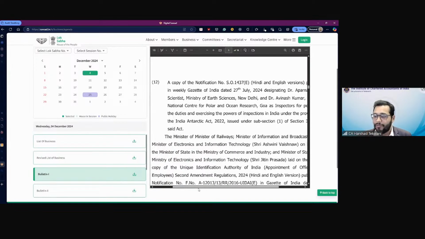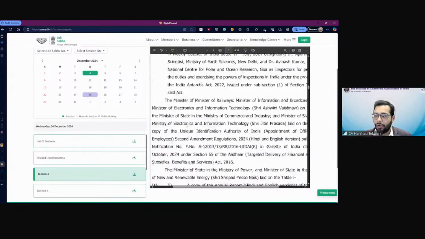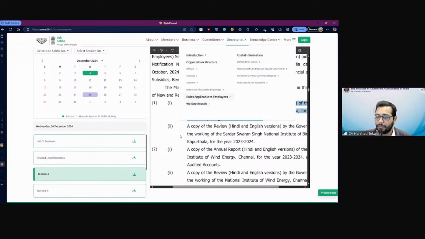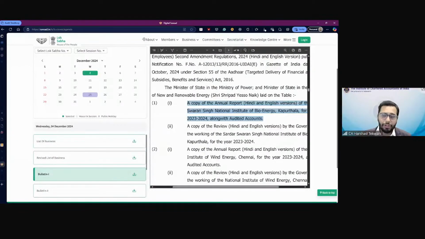This is how it gets followed on the ground. So these reports are submitted to the House. This is presented to the Lok Sabha. Same way I'll go to the Rajya Sabha. Over there also you will see these reports being presented, and then they are discussed. I'll come to the part where I will say how these are discussed. But as of now, just park it.